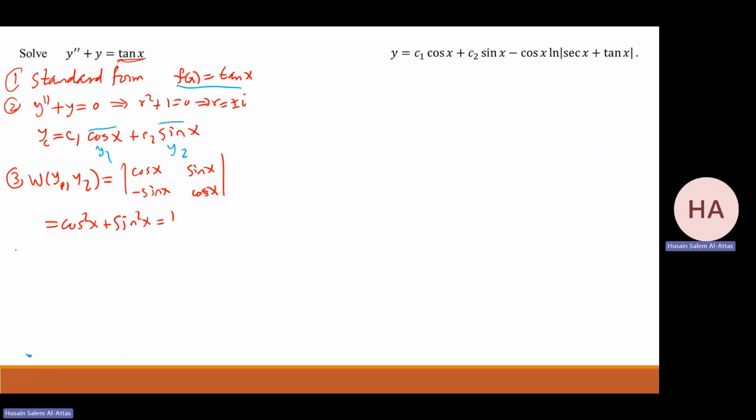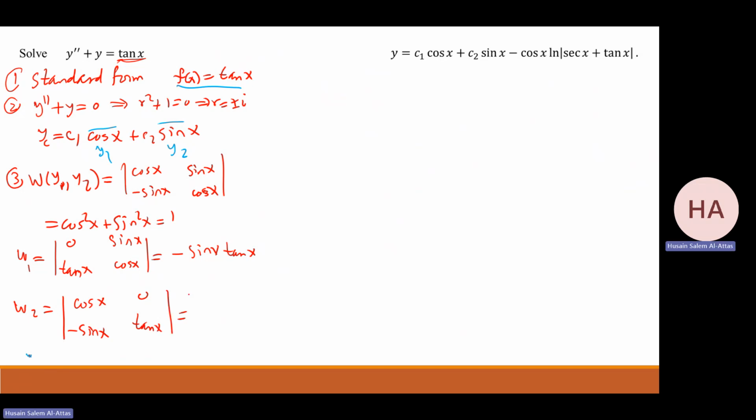Now we'll find w1, which is 0, f of x is tan x, and here I have sine times cosine. That will give me what? Minus sine tan. W2 will be what? Cosine x, minus sine x, and I have 0, tan x. That gives me cosine times tan, where tan is sine over cosine, that will be sine.